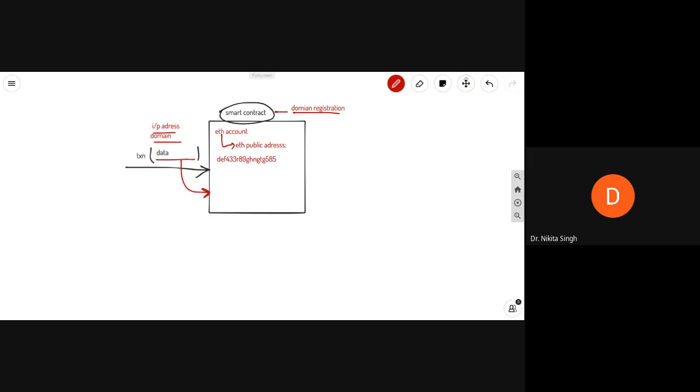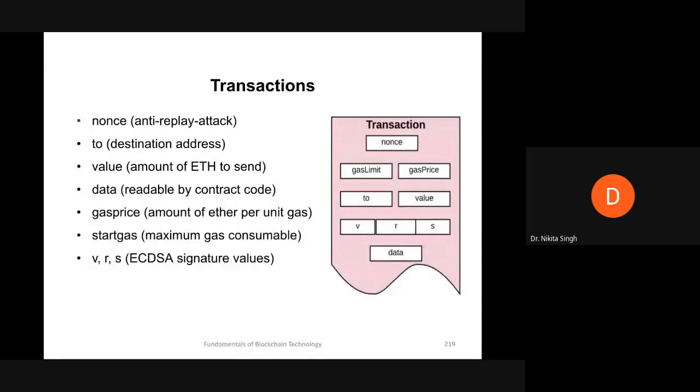So this is a transaction in Ethereum. Now, if you go back here, we'll not go very deep into these signature values. Ethereum uses ECDSA, which stands for Elliptic Curve Digital Signature Algorithm, which is used to sign a transaction.